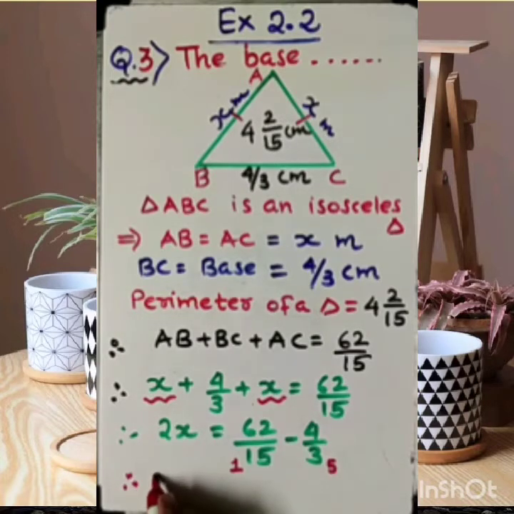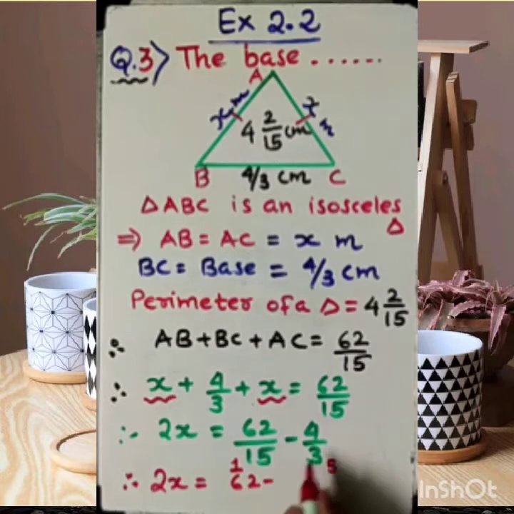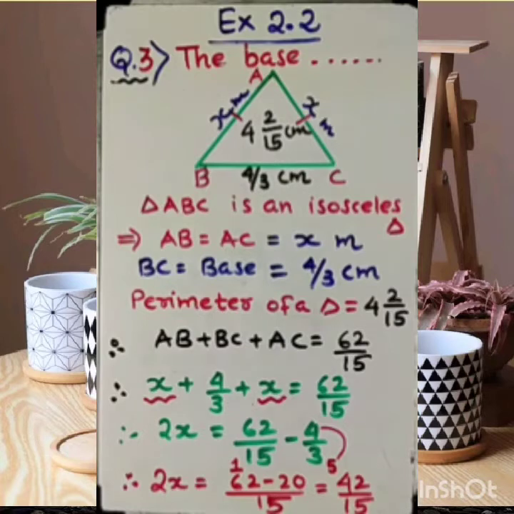So dear student, what do we have here? 2x equal to 16 1 ja 16, 4 5 ja 20 upon this LCM 15. Got it? I have written 15 here. I hope it's quite visible. This is 15. So 62 minus 20. The result is 42. 42 by 50.